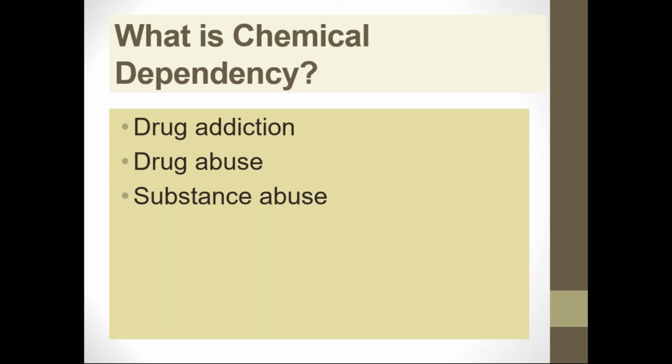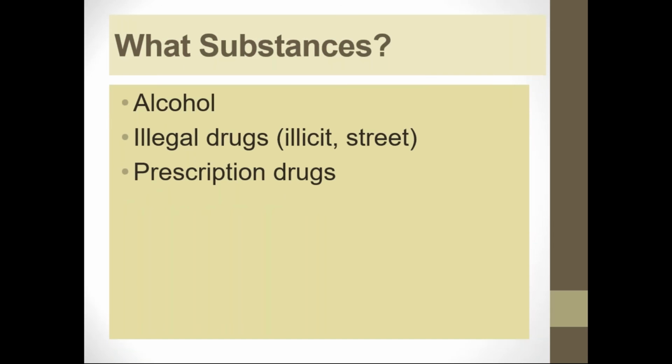So the words drug addiction and abuse have been dropped and people are using chemical dependency instead. Usually when we talk about chemical dependency, we're talking about three major substances: alcohol, illegal drugs or illicit or street drugs, and prescription drugs.